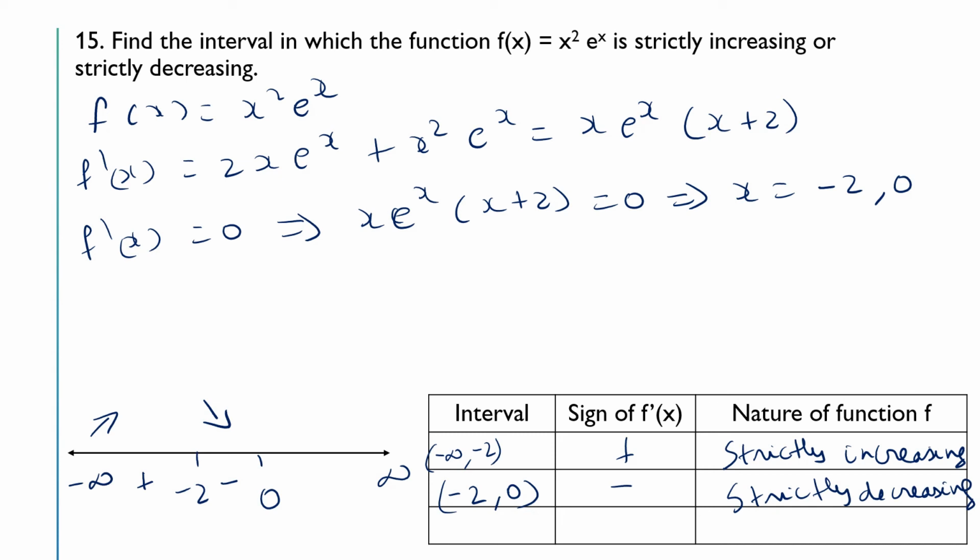Then we have the interval from 0 to infinity. Here if we substitute any positive value for x, we will get f dash of x as positive, or more than 0. So it means f dash of x is positive here and the function f is strictly increasing.